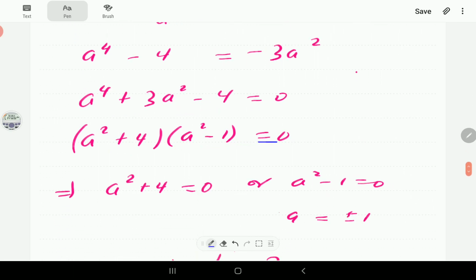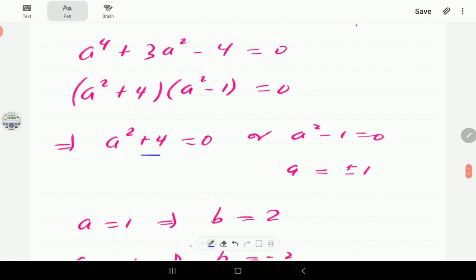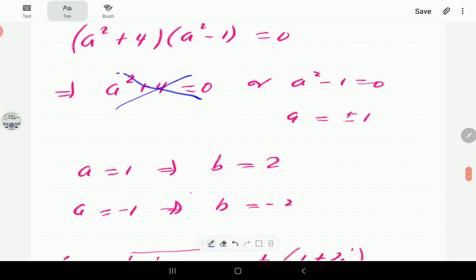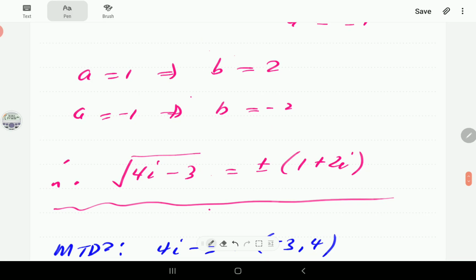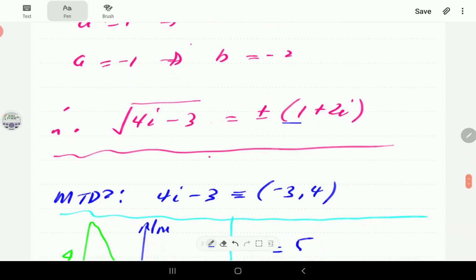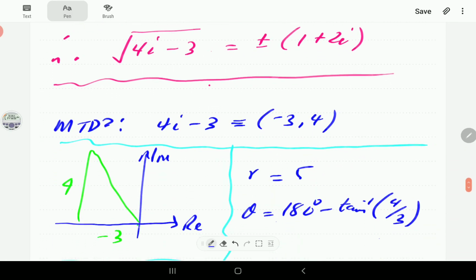Then we factorize. However, this one gives us imaginary values of a. This one gives us plus or minus 1. When a is 1, b is 2. When a is minus 1, b is minus 2. So that's going to be the square roots.